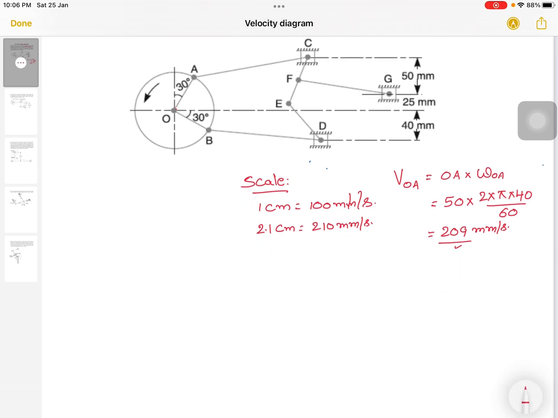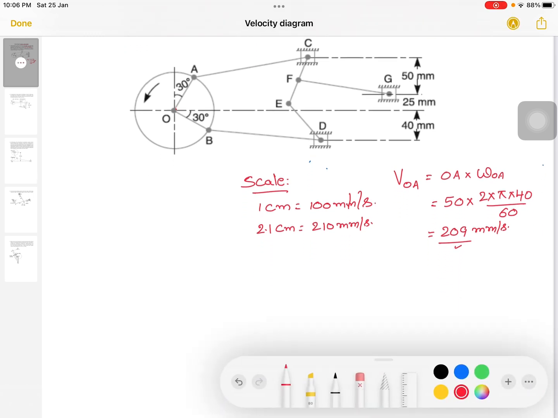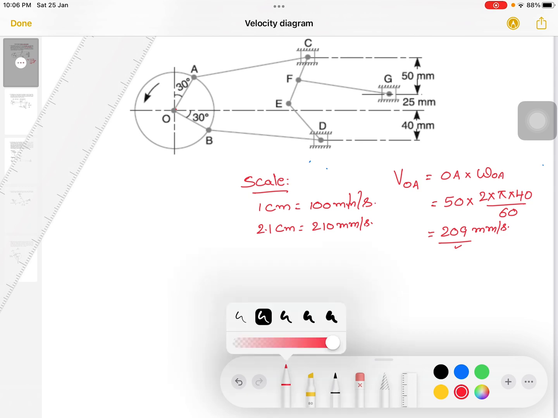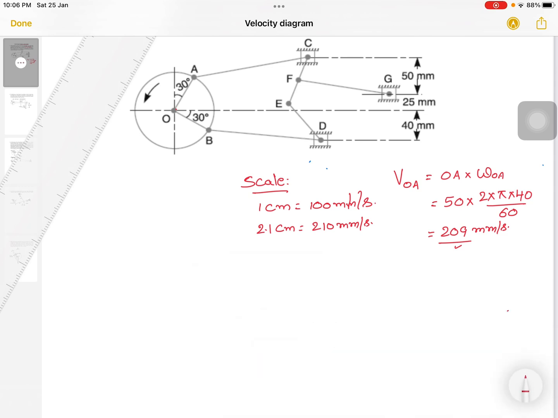Okay, now see, when you start the velocity diagram, first we have to identify the fixed points. Here, points C, D, G are the sliders.